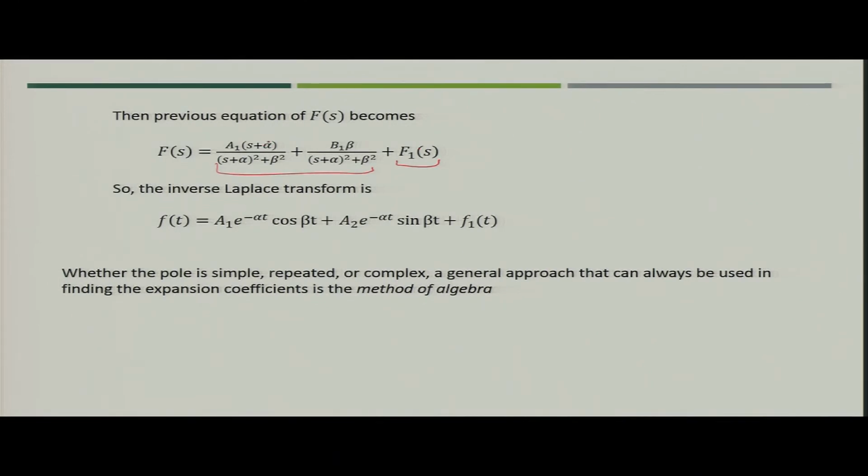Now, if you see the first term, if you remember when we were discussing the Laplace transform, we discussed that if you want to find the Laplace transform of cos omega t, it becomes s upon s square plus omega square.